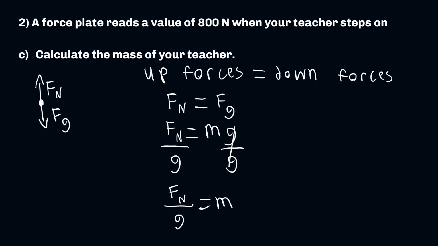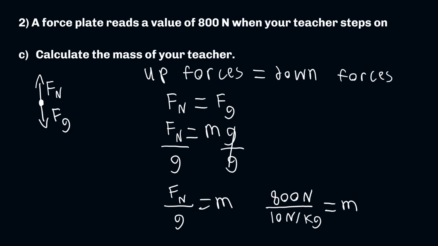The normal force here is 800 newtons, because that is the force of the scale on me, and that's what it's reading. And then g is going to be 10 newtons per kilogram, because we're on Earth. Didn't say anything about being on a different planet. And this is equal to our mass.